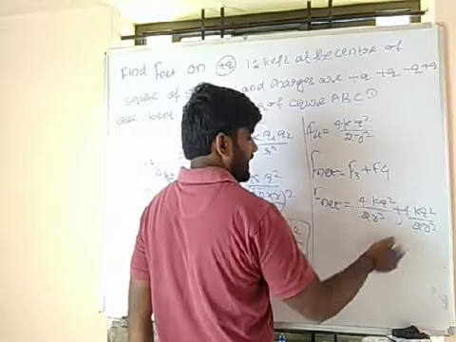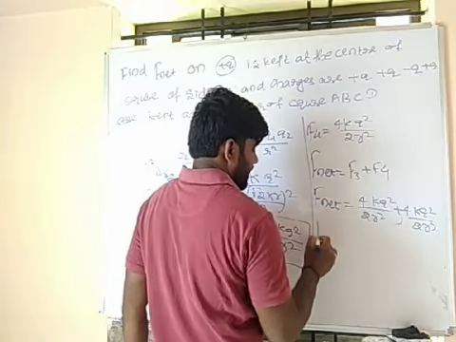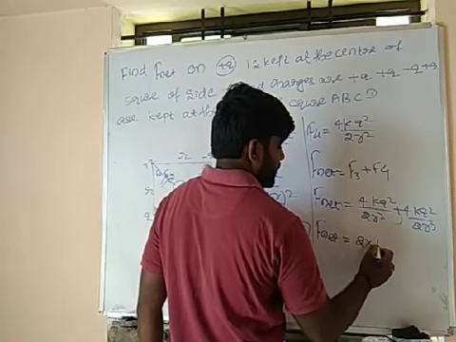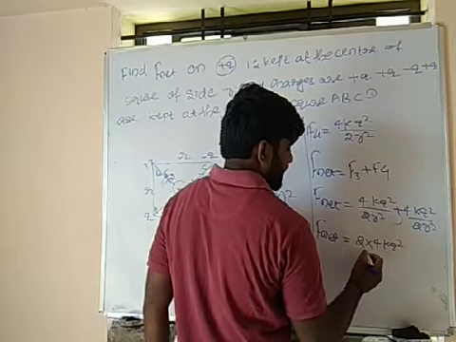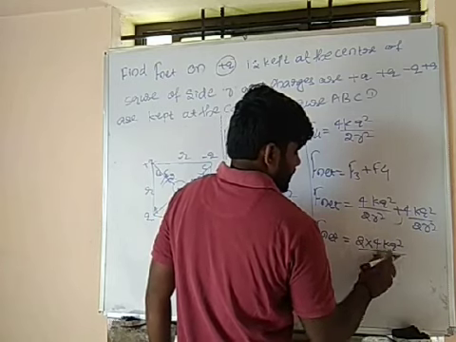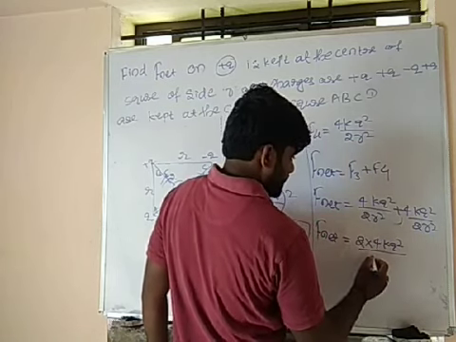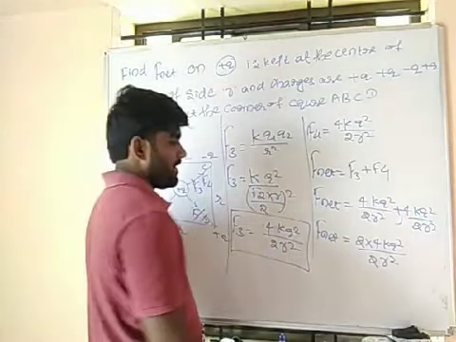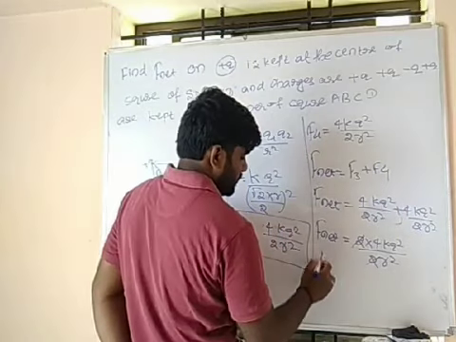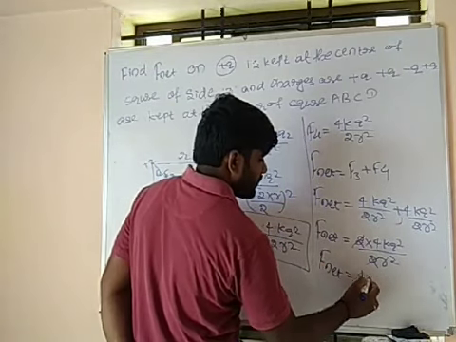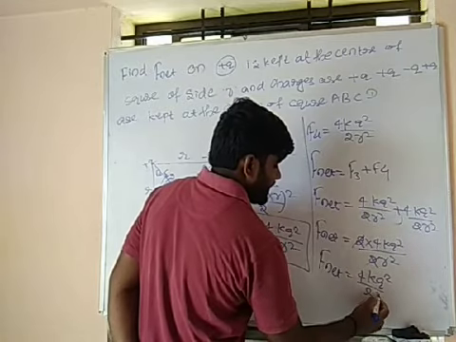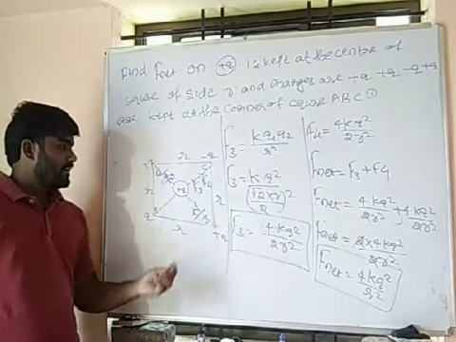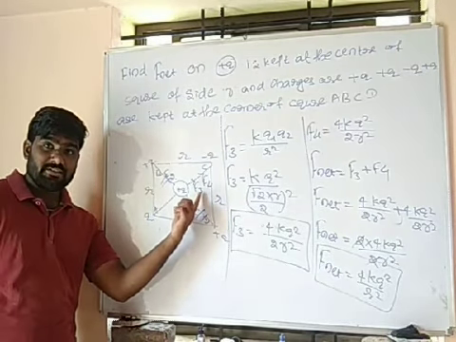Taking the whole term as a plus a, it will be 2a, which implies 2 into 4q square divided by 2r square. These two get cancelled. So F net is equal to 4q square divided by r square, which is the final answer. So try to remember this point.